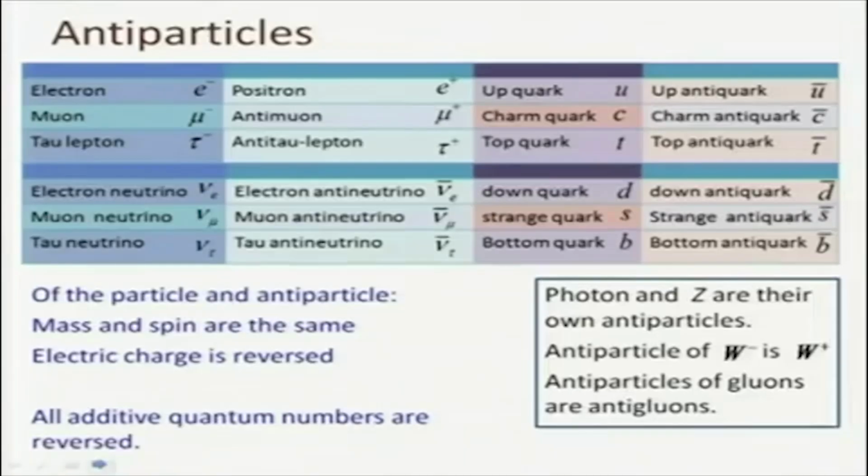But for reasons that we will explain in a little while, it is an antineutrino. And experimentally we have shown that it is not the neutrino, but the antineutrino that is there.